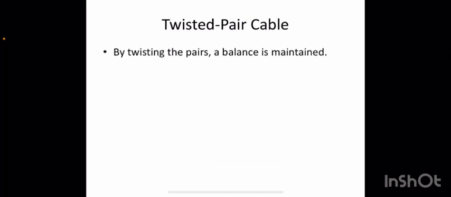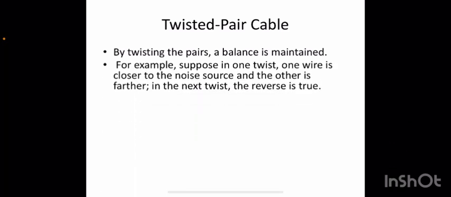But if we are twisting these together, a balance can be maintained. How? That we will see. For example, suppose in one twist, one wire is closer to the noise source and the other is further, right? And in the second twist, the reverse will happen. The second wire will be closer to the noise source and the first one will be further from it.